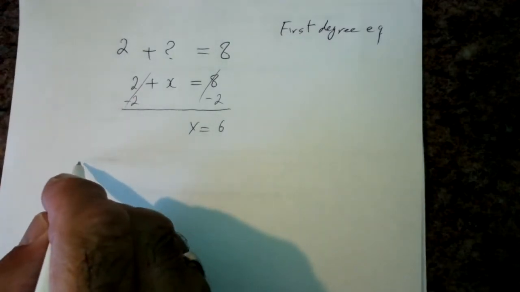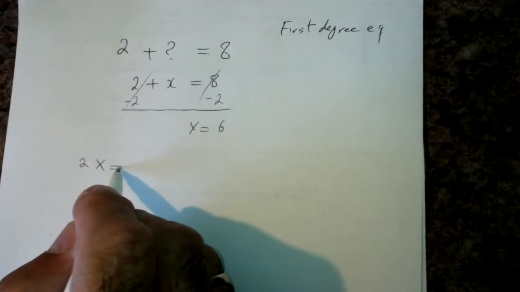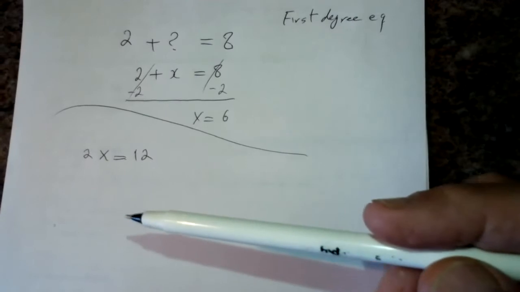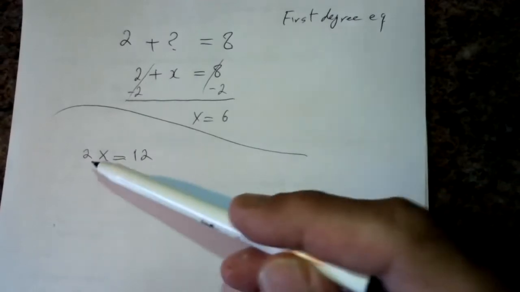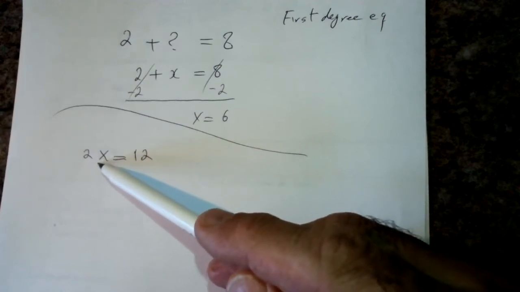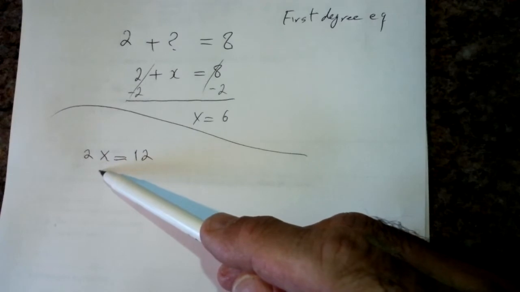So let's look at these problems. I have 2x equal to 12. Again, this is a simple problem because we know the answers. 2x, when you don't see any plus or minus sign between these two, means it's multiplication.